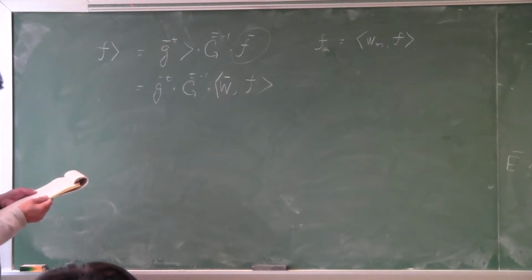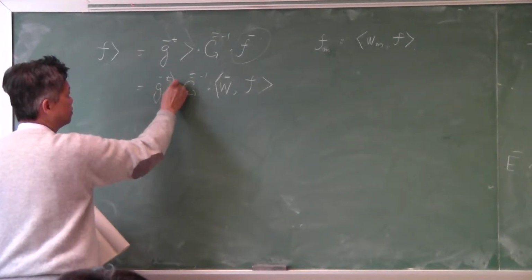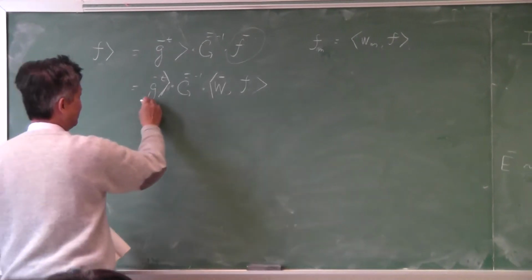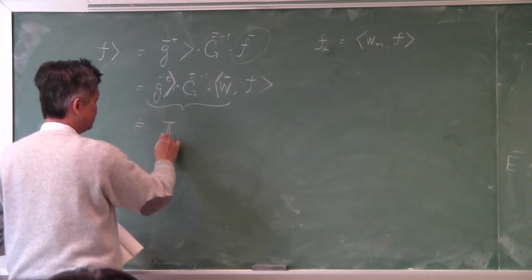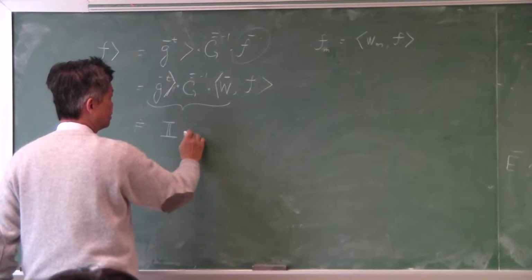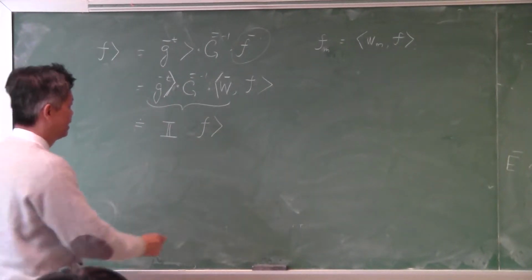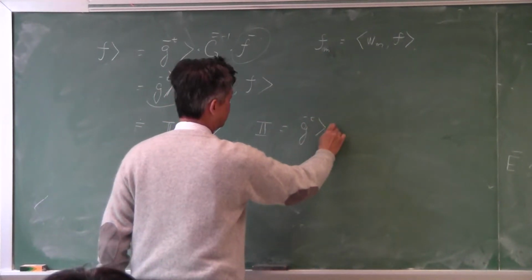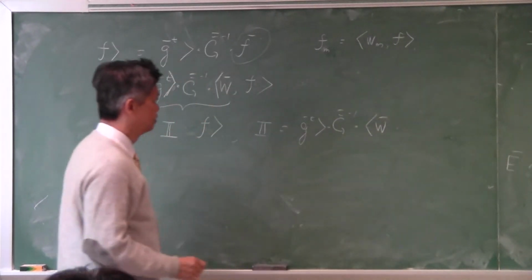So you can see that, okay, I forgot this piece over there. So I can think of this as an identity operator, an approximation to an identity operator, dot, comma, with F. Where the identity operator I is G transpose dot G inverse dot W something.